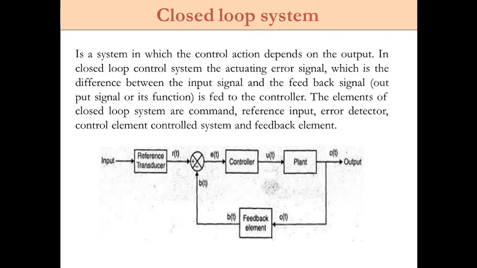So the main function of this feedback element is to give the output signal to this error detector. In this error detector, the comparison of the reference input to the output is done, and based on that, an error signal is produced.